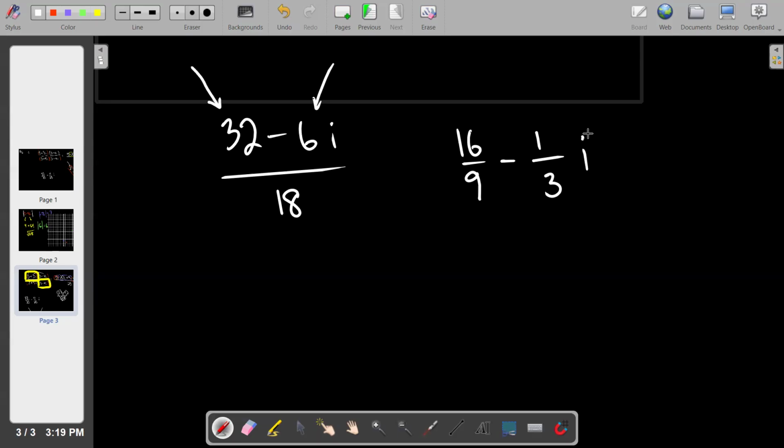Just 2i. You got it. So that's how you do division, is really you just conjugate the bottom, multiply, simplify. Got it? You have any other questions? Okay.